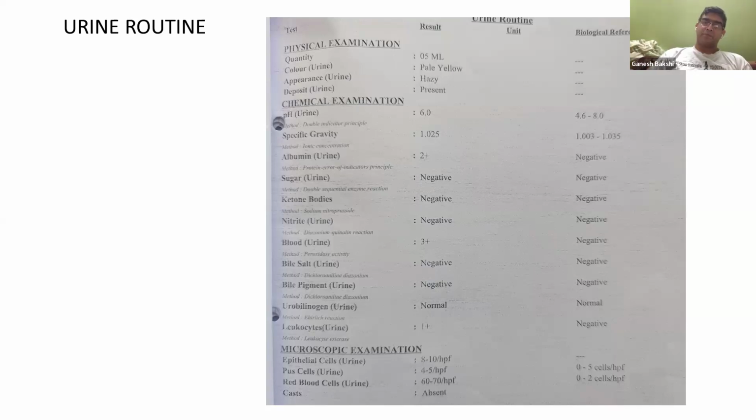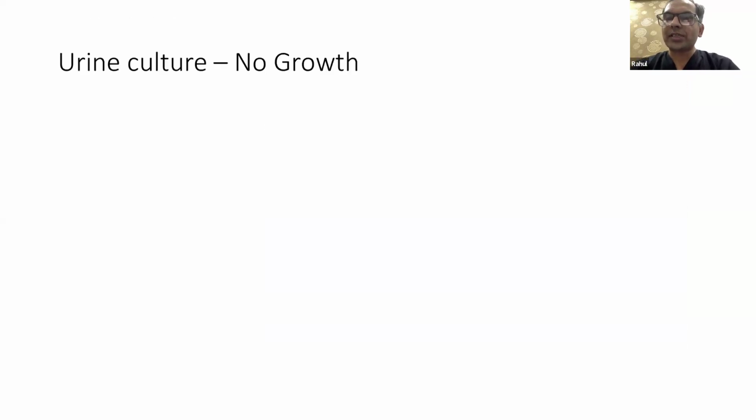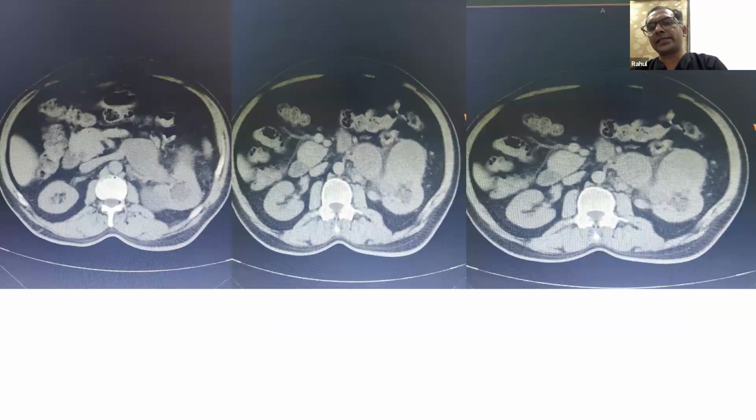Okay, so what was then done? Sir, the patient came with a CT scan. Then the next investigation, I would like to do contrast enhanced CT scan of abdomen and pelvis with IVP, with angiography, and with HRCT, sir.